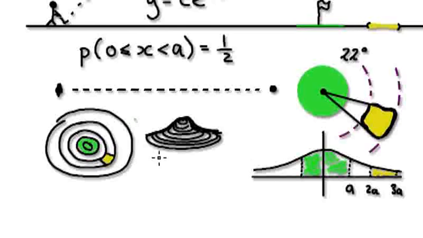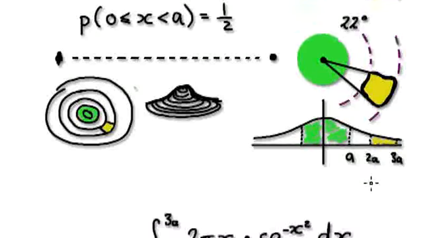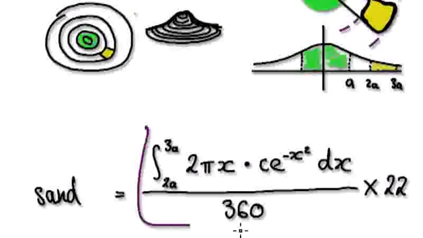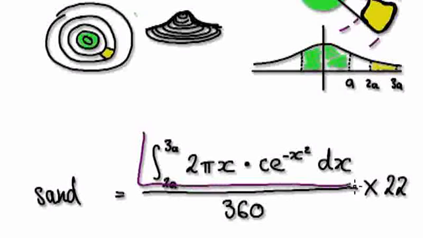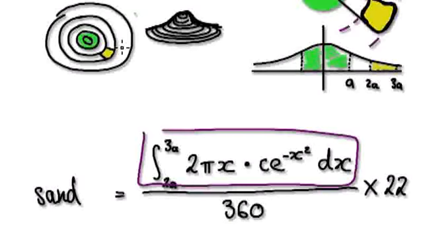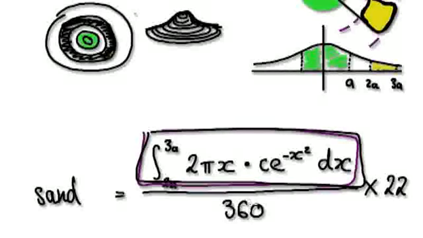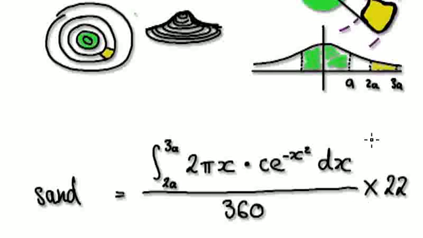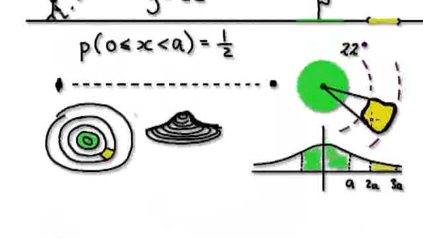So the volume of the sand is given by this. This bit here is really you working out the whole volume, and then once you've got the whole volume, you need to cut it into 360 equal pieces, because of this 20 degrees here.